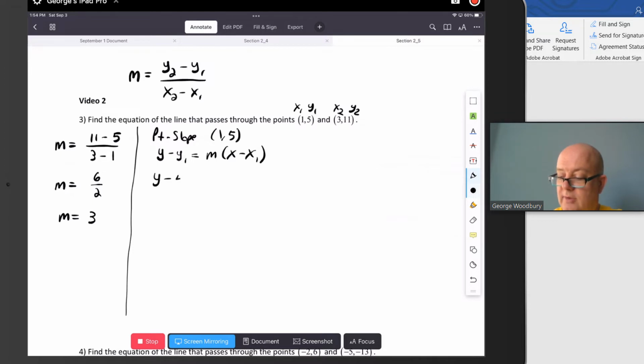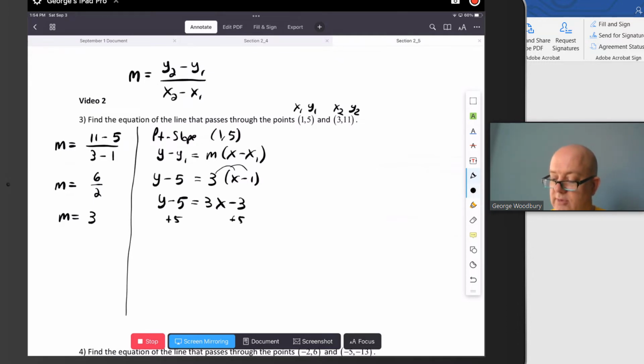Y minus 5 equals our slope 3, which we just found, times x minus 1. I'm going to isolate y and get into slope-intercept form. Distribute the 3. Y minus 5 equals 3x minus 3, and finish by adding 5 to both sides. Y equals 3x plus 2.